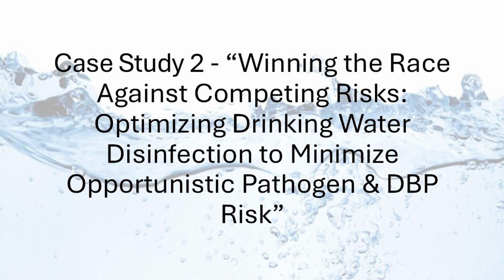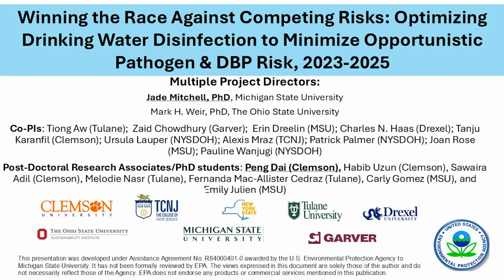All right, the second case study was another EPA-funded project. Again, these are all my collaborators who are kind enough to take my crazy experimental designs and go out and take samples and analyze them for microbes and chemicals so that I can have great data. This project focused on distribution systems rather than premise plumbing systems.